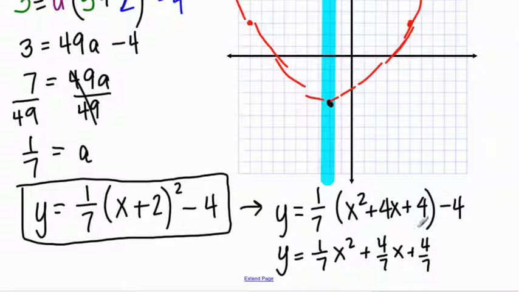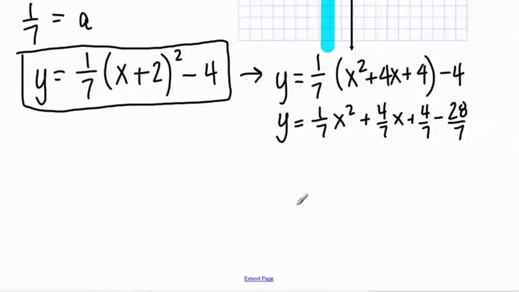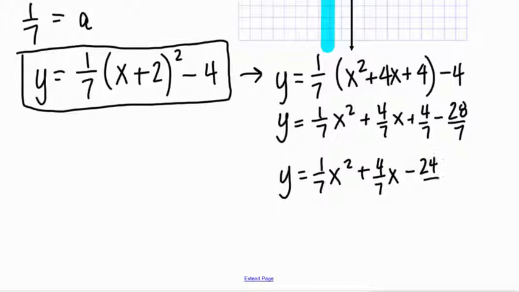And then I'd have to combine the 4/7 and the -4 to get y equals 1/7 x squared plus 4/7 x minus 24/7.